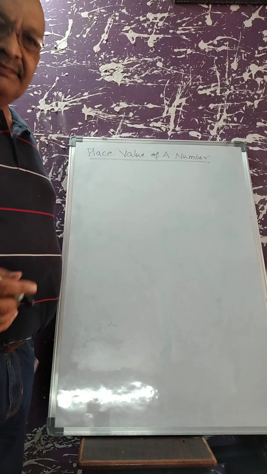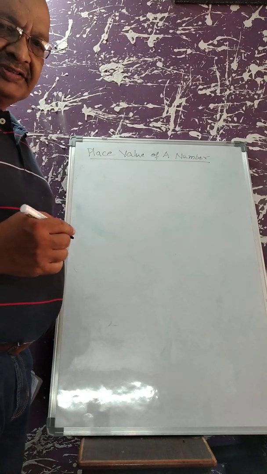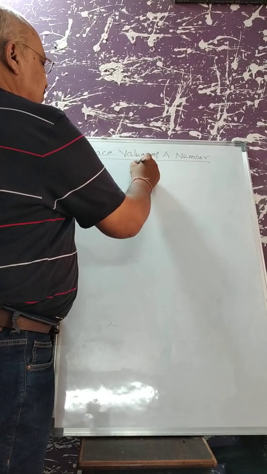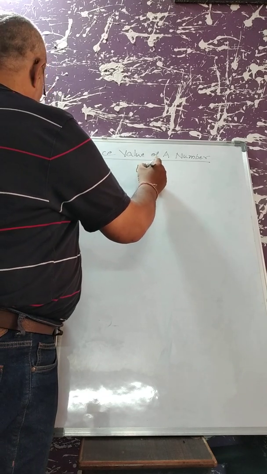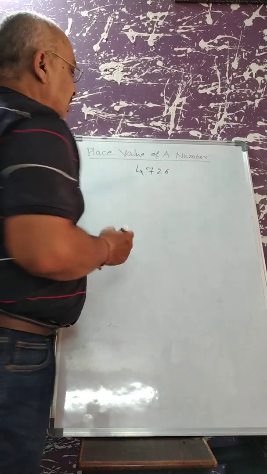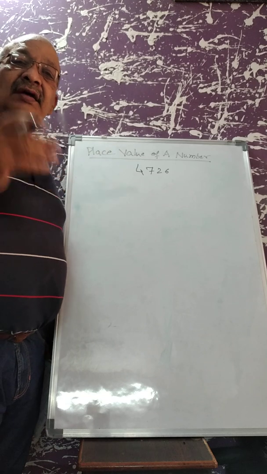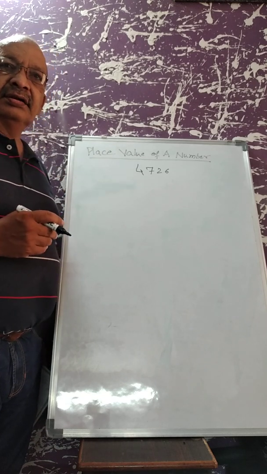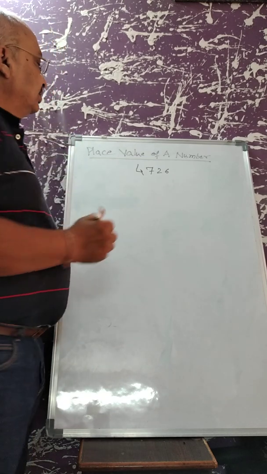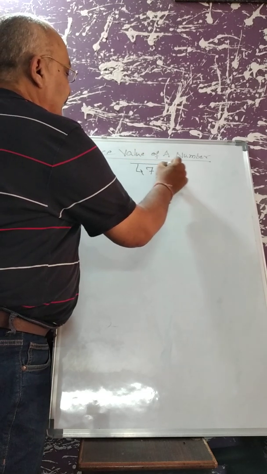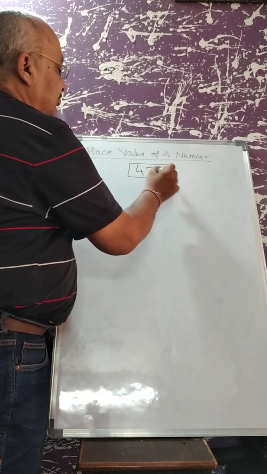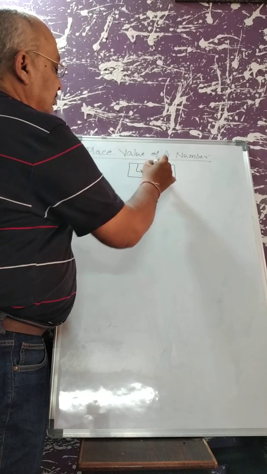So, example number one. In place value, we will be considering 4-digit numbers, because in class third, up to 4-digit numbers are given in the course curriculum. So, let us consider a 4-digit number. The digits are 4, 7, 2, 6.